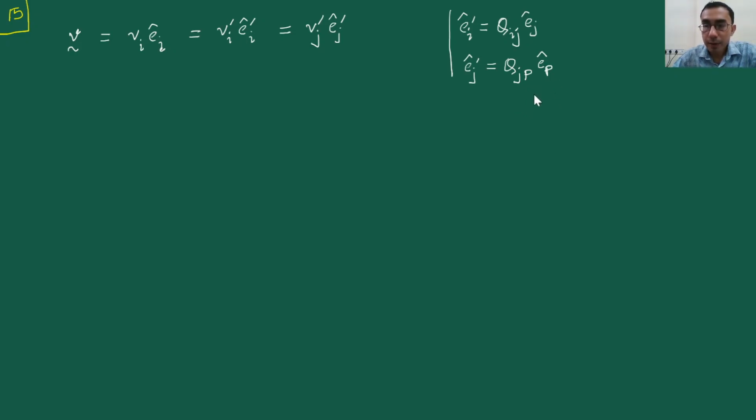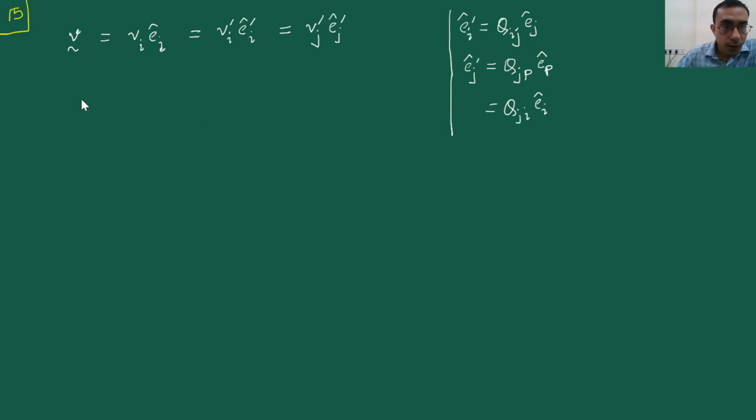I can replace it by k, I can replace it by m, and if I can do those things, I might as well replace this by i. There is no harm here. So if I do that, then qji ei hat is a form which will actually help me in achieving my objective here of making the connection between the two different representations in the two coordinate axes.